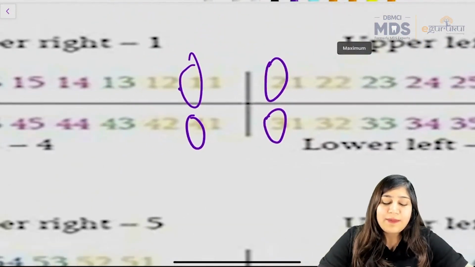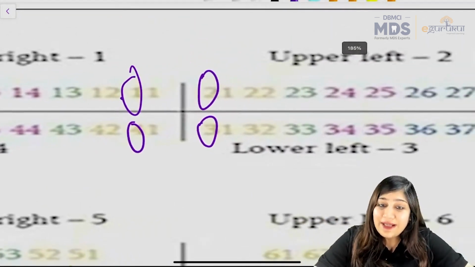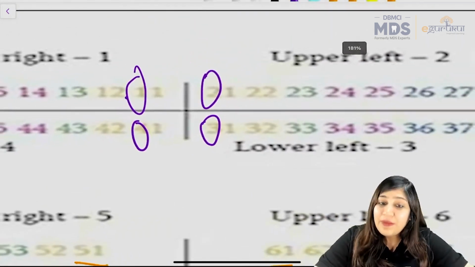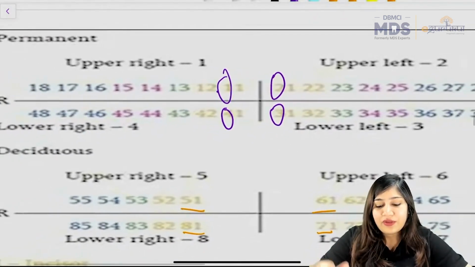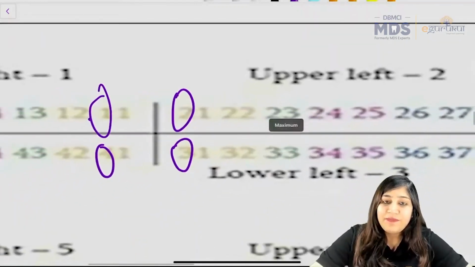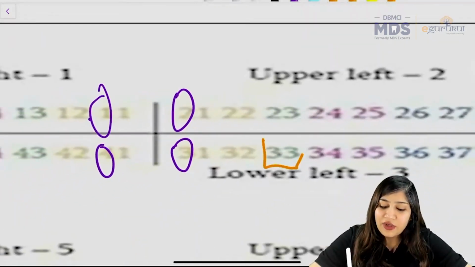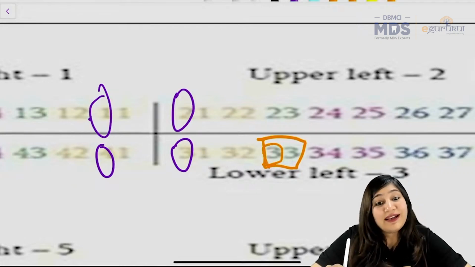So 1 is representing maxillary right, 2 is representing maxillary left, 3 is representing mandibular left, and 4 is representing mandibular right. So we are asked about 3, 3. In this, we can easily appreciate the first 3 is the quadrant number, that is mandibular left.